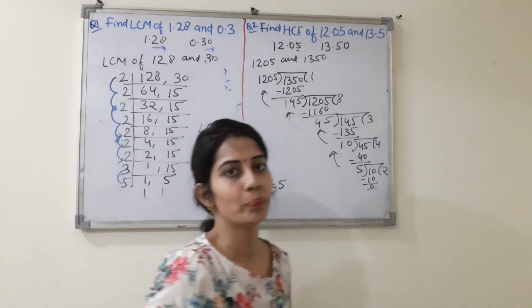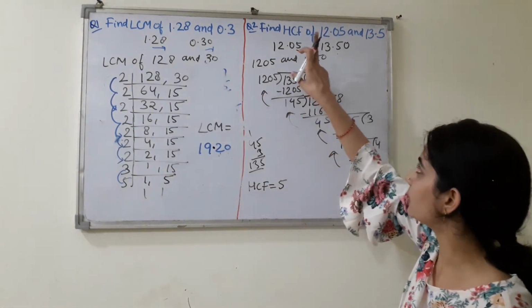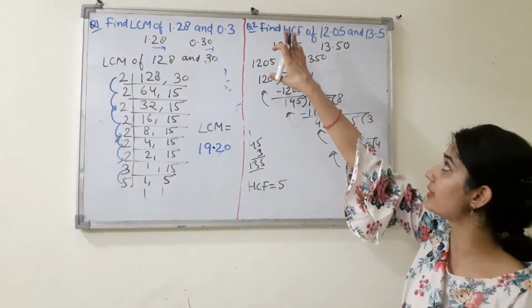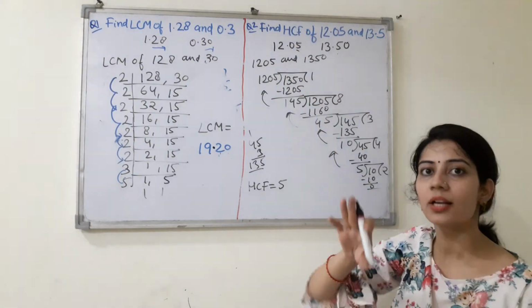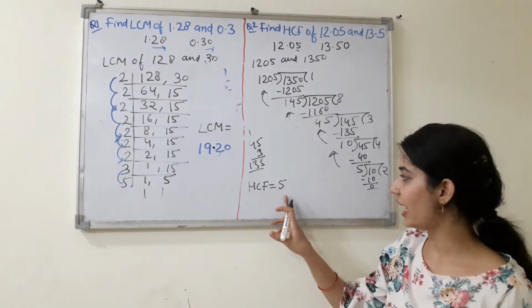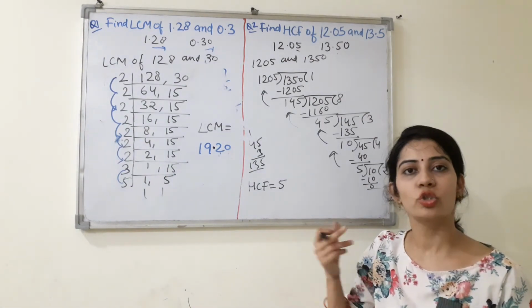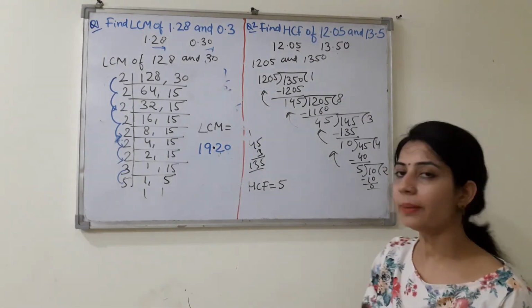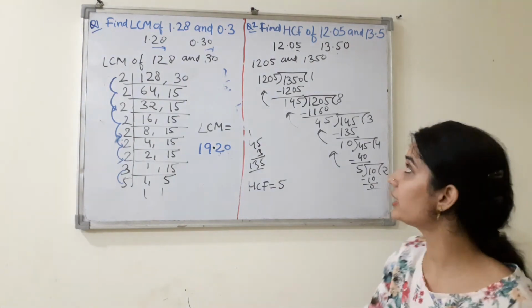Now, as I told you, in the starting we had decimal numbers, so the answer will also come in decimal form. We have 5 as the HCF, so we will simply put the decimal. Where will we put the decimal?